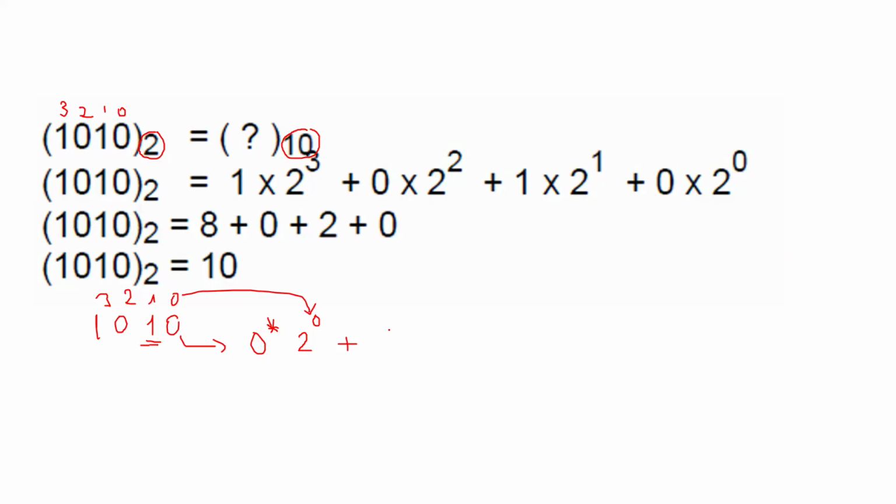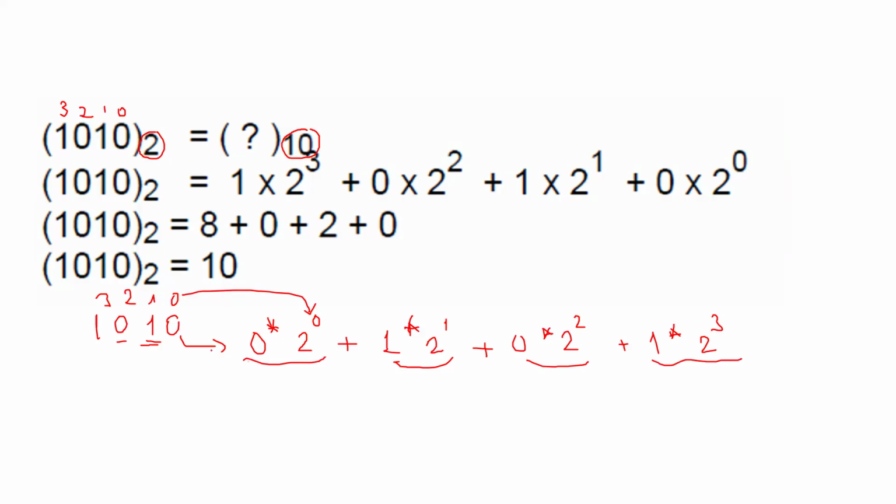So we will write this for this digit, and here is the base and power, plus. Then we will see the third digit: 0 times base 2 and the power is 2, plus 1 times. So as you see, we are calculating this structure's result.